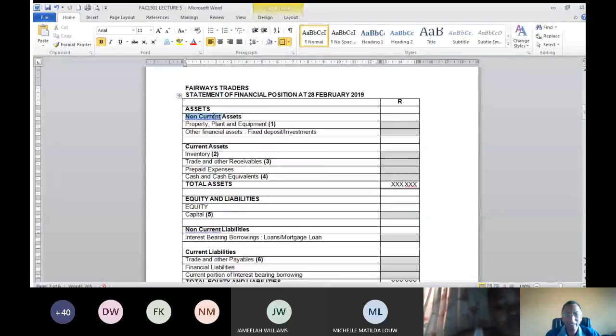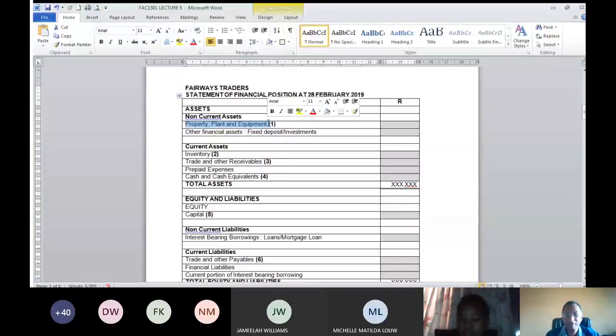Under your non-current assets, you must show your property, plant, and equipment. Remember that, guys, it's format. You must have property, plant, and equipment. You can't come up with something else. And then you must show the calculation for property, plant, and equipment.